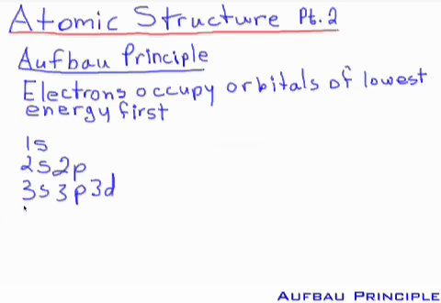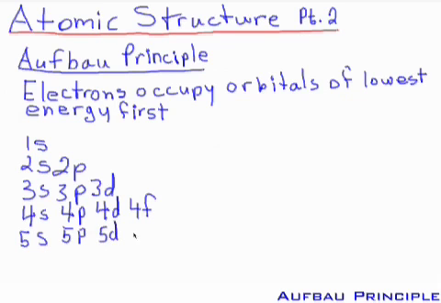The n equals 4 shell could be split into 4 subshells, 4s, 4p, 4d, and 4f. N equals 5 subshells, 5s, 5p, 5d, 5f, and so on, 5g, and then we had the 6s and 6p, and so on.